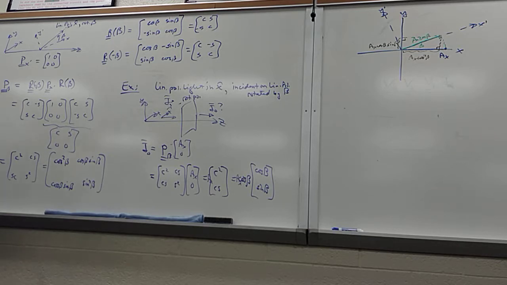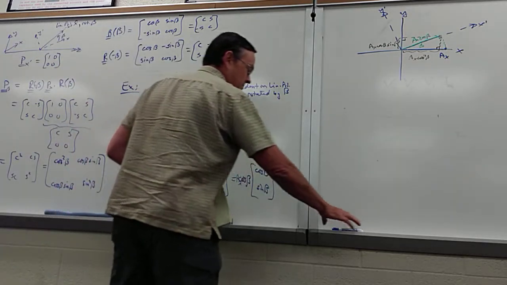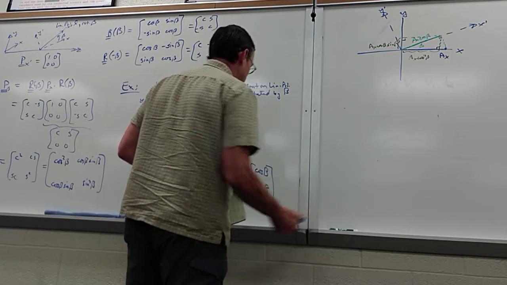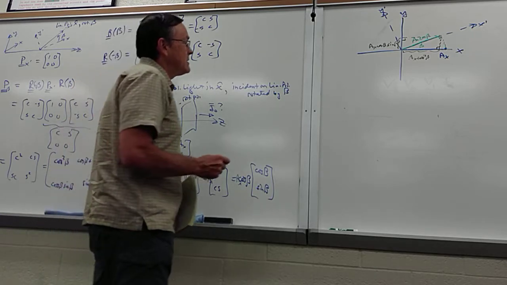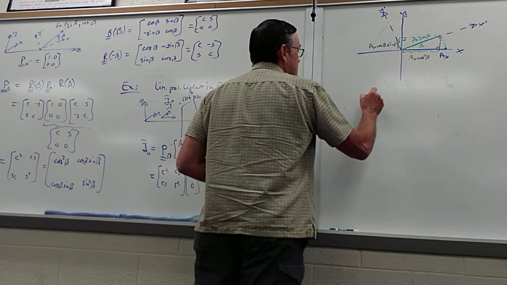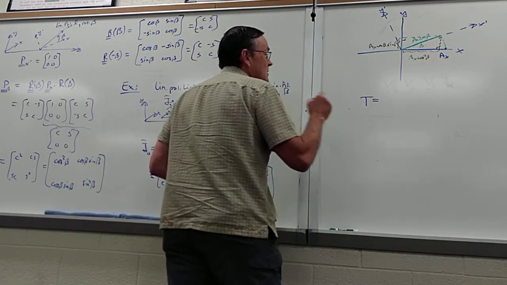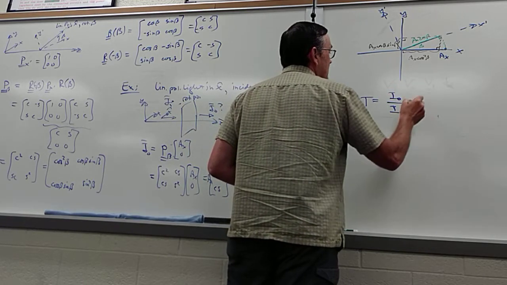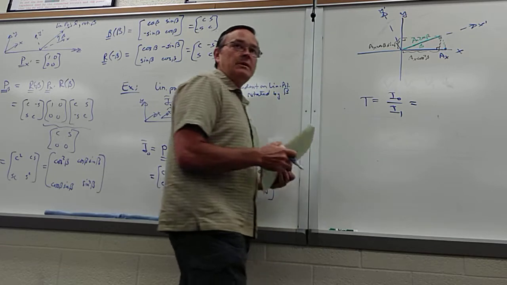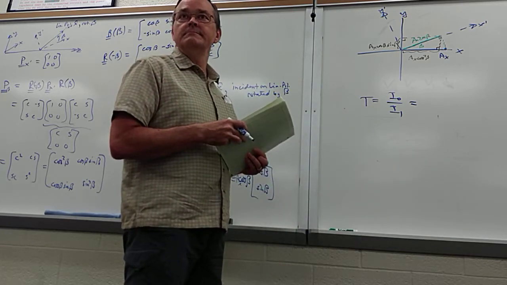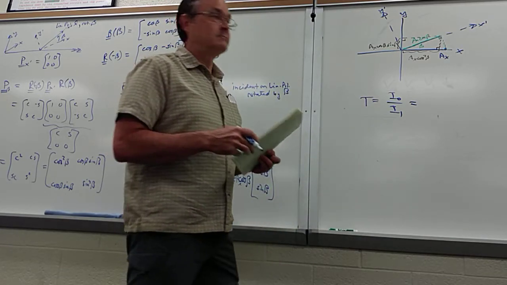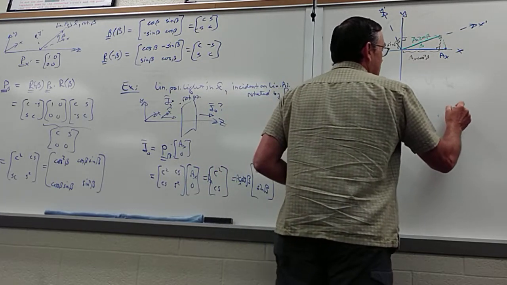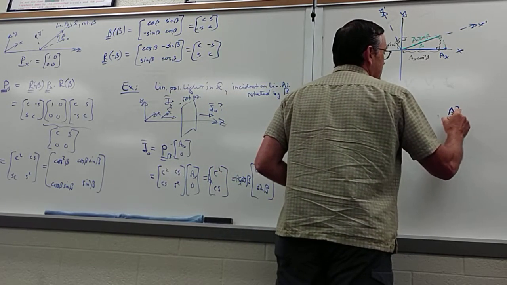All right, now, last point here with this example, then we'll move on to another one, is let's calculate the transmission of the system, which is the output irradiance divided by the input irradiance. And the input irradiance is what? A squared over 2 eta.